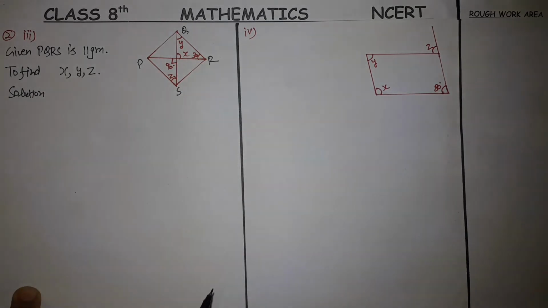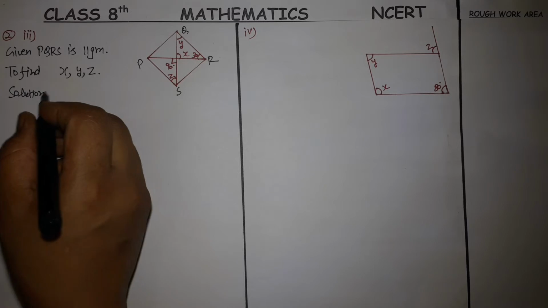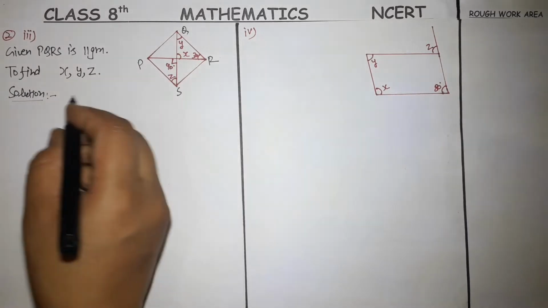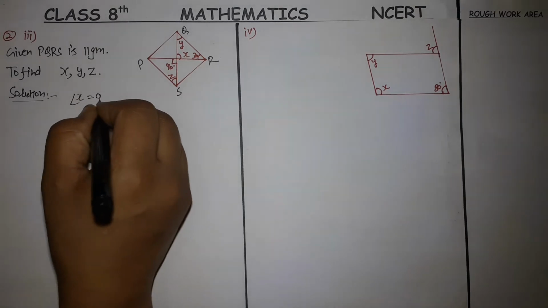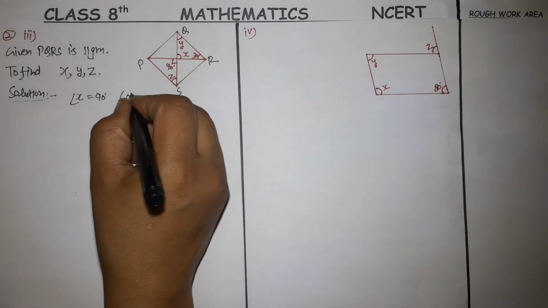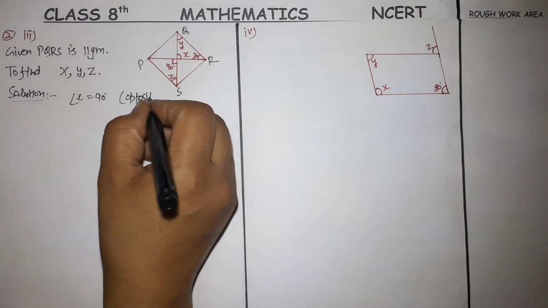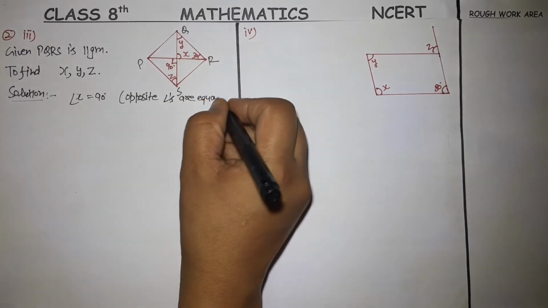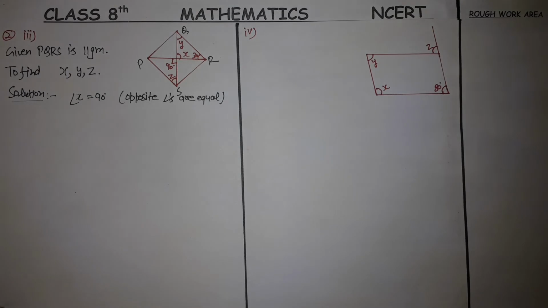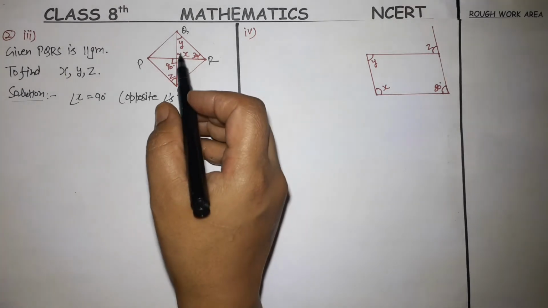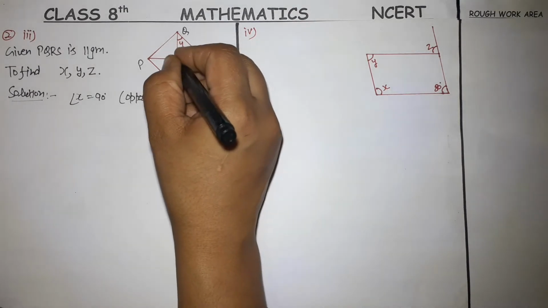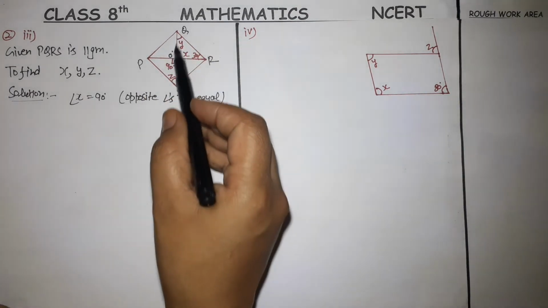PQRS is a parallelogram. Angle X equals 90. Reason, opposite angles are equal. See the triangle.